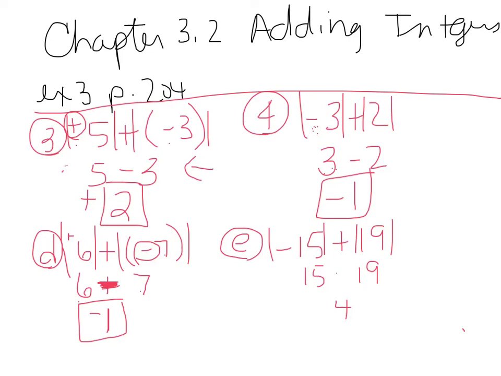You get a 4, but you have to ask yourself, is it a positive 4 or a negative 4? So you go back to the original, and 19 is positive, so the answer would be positive 4. So this would be something like, I'm in the hole $15 for my mom because I borrowed it again, and I just paid her back 19, and so now I have $4 that Mama is holding for me.